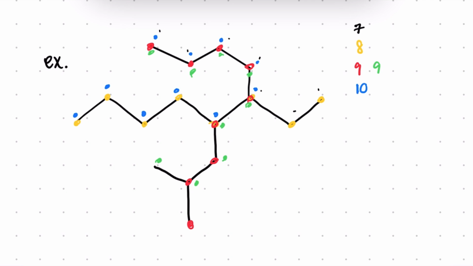Now, as I've mentioned before, it's not only the number of carbons in the chain that matters. In fact, we have to look at the substituents and the branching and whatnot. So we have to look at all of that before deciding our final parent chain. So let's look at the yellow chain first. I'm going to erase all of these dots right here. Actually, wait, I think that's important for us to remember.